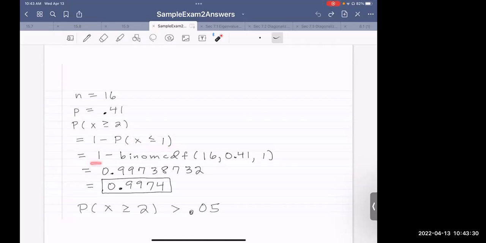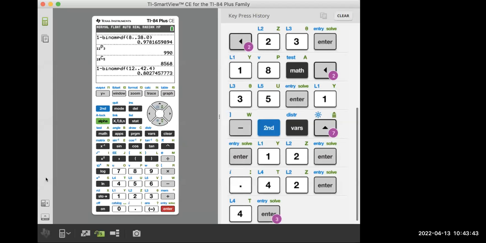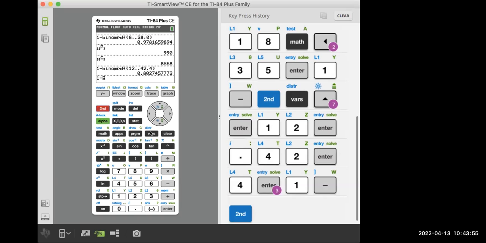So I'll type in the command, 1 minus binomcdf, 16, comma 0.41, comma 1 into the TI-83/84 calculator. So let me do that. And so let me type in 1 minus binomcdf.